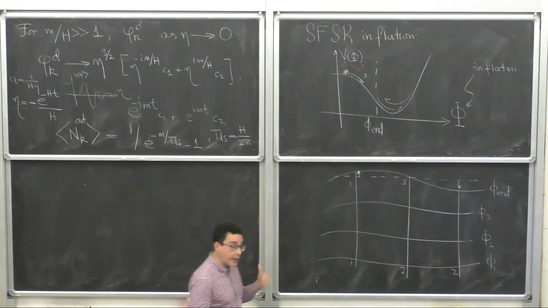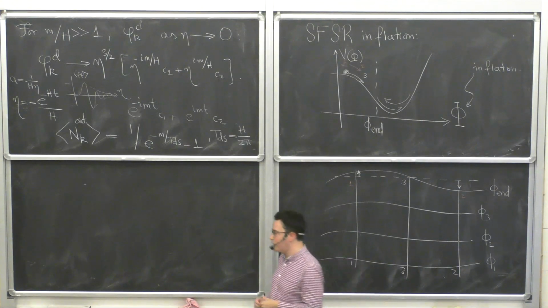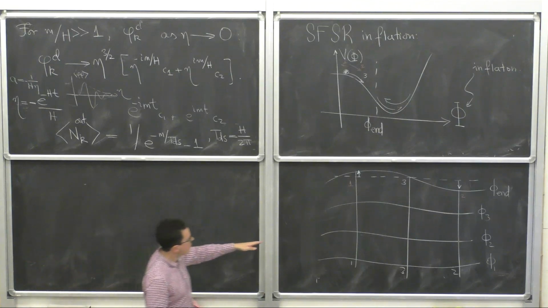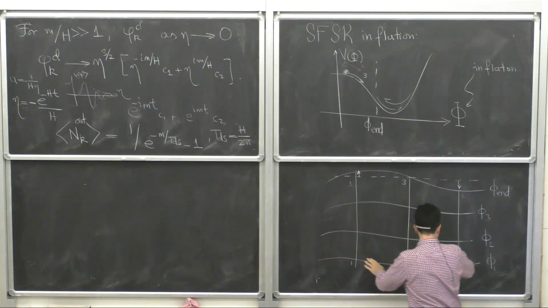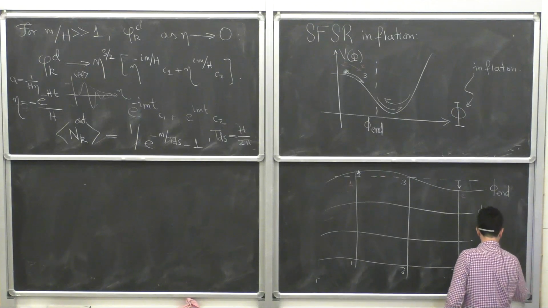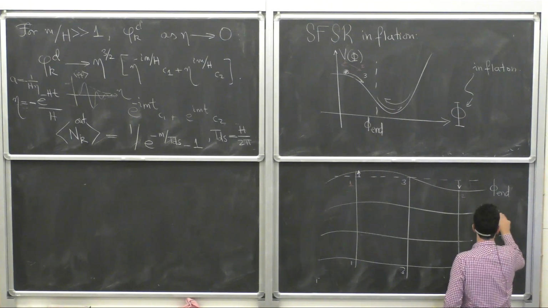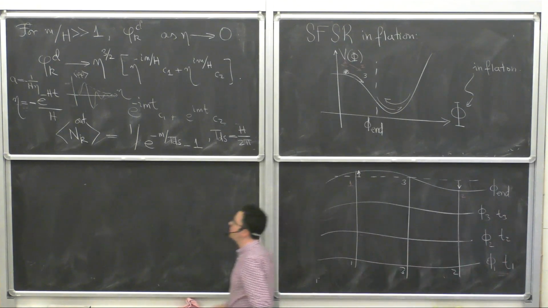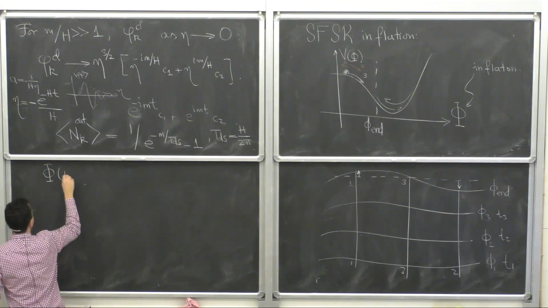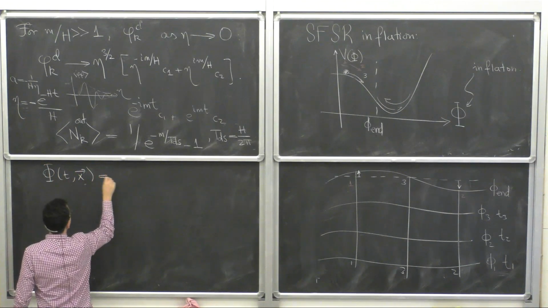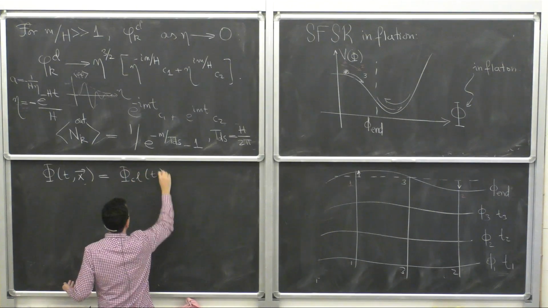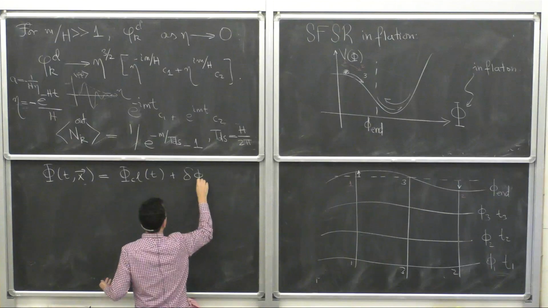But if you break Lorentz symmetry, then you can do something amusing, which is you can decide to use this as a clock to slice the universe into T1, T2, T3. That's to say, you had a scalar field phi that depended on t and x that you should describe as a classical history plus some perturbation, delta phi.